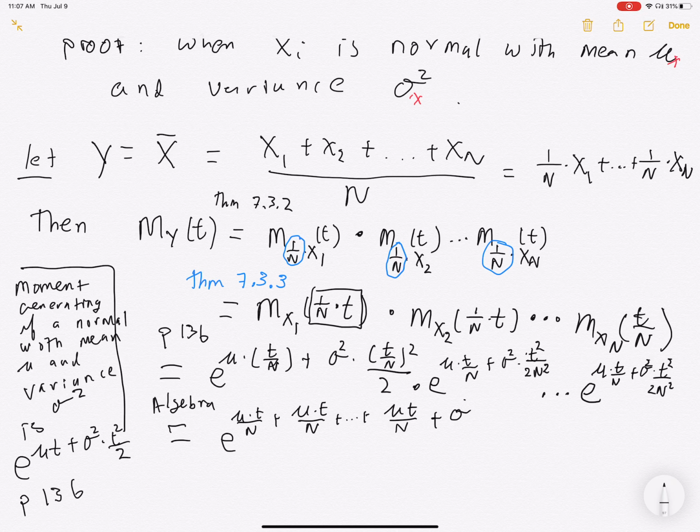So it's going to be sigma squared over n squared times t squared over 2 plus sigma squared times t squared over n squared divided by 2, and then just more algebra will simplify.